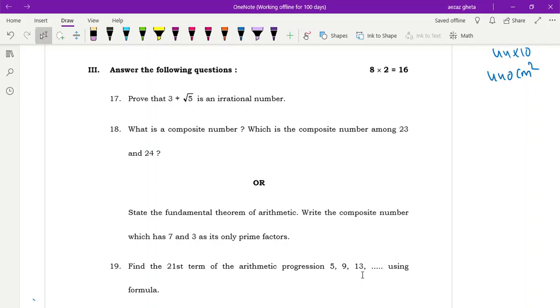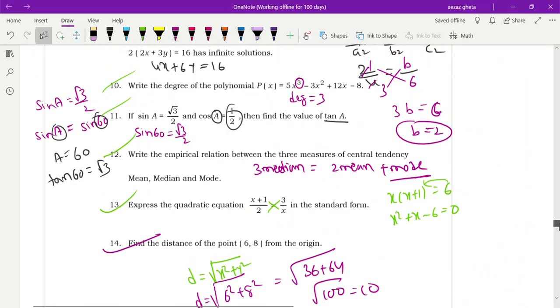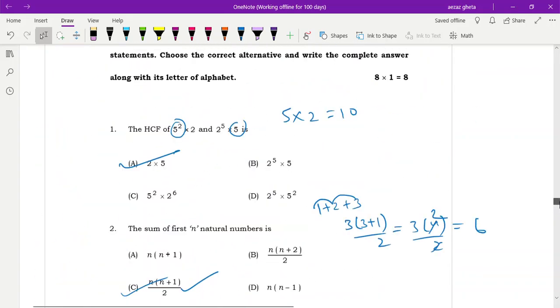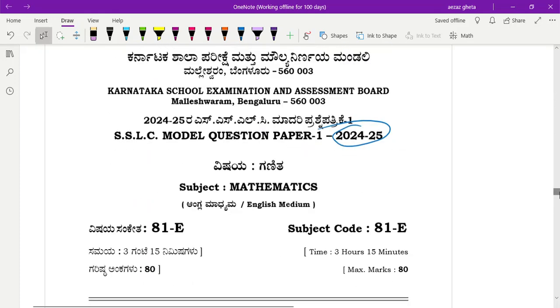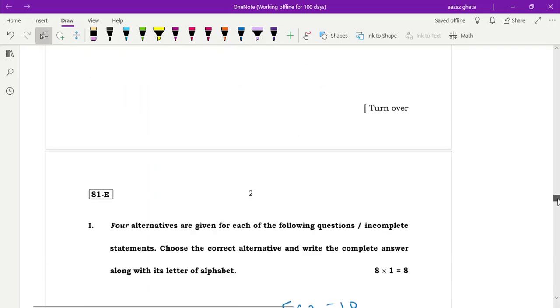This is Izaz Geta. We were discussing the model paper released by the Karnataka board, that is the first model paper. In our previous video we already discussed the MCQs and 1 mark questions. Here is the first model paper 2024-25, and these were the questions.